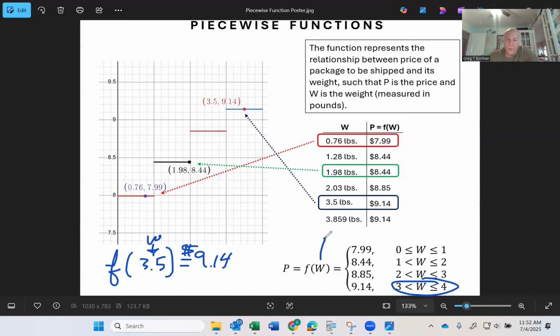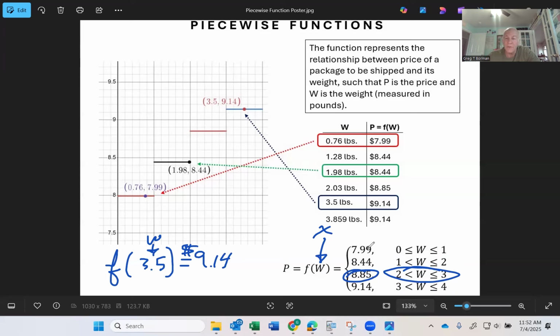So just like always, you plug in an x or an independent variable value. In this case, we're calling it w, but it's basically just x. You plug in an x, and then once you know what your x value is, you go down here and say, all right, which of these different pieces of the function am I going to use? And then whichever one it is, you say, oh, then that must be the function I'm going to use.